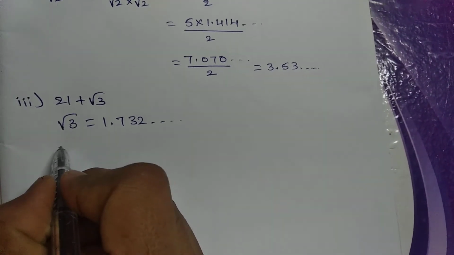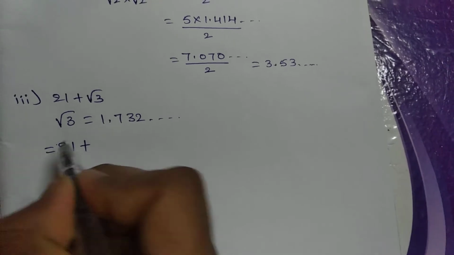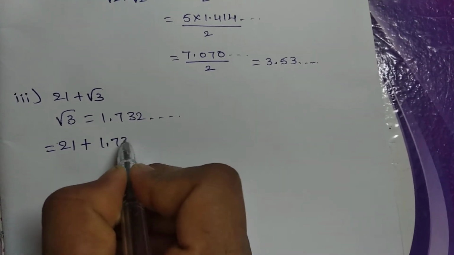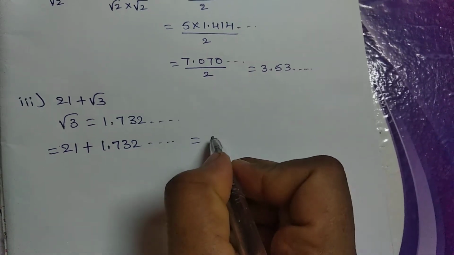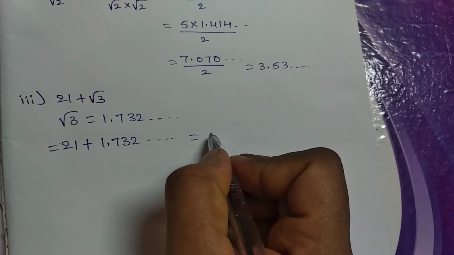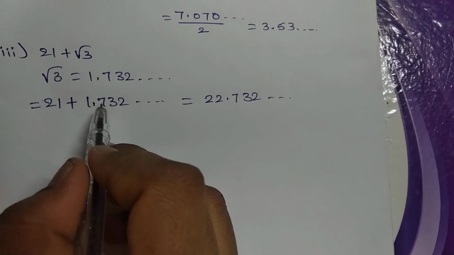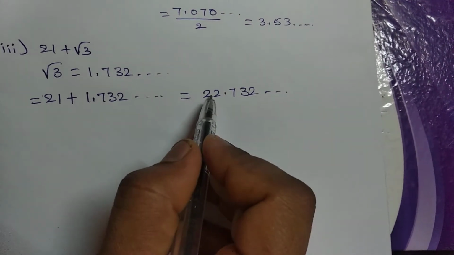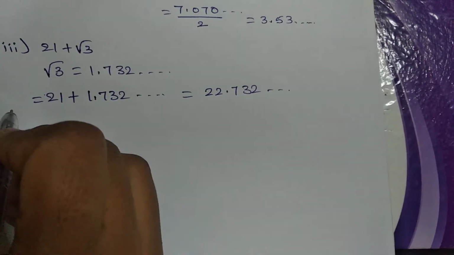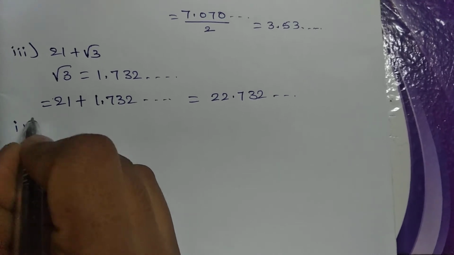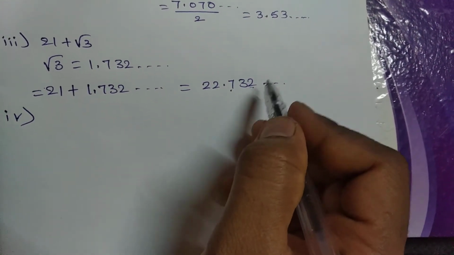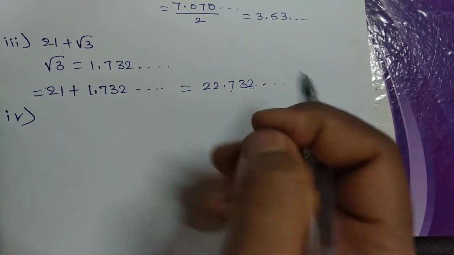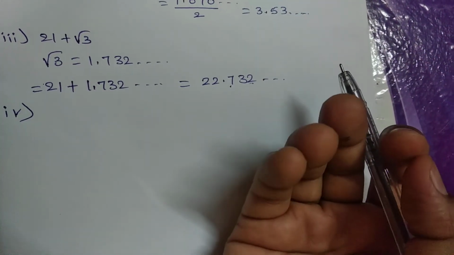Now this one, 21 plus root 3, that is 1.732 and so on. If we add both, which number will come? 21 plus 1 is 22. After the decimal point the same digits come. So it is also non-terminating and non-recurring decimal, nothing but an irrational number.